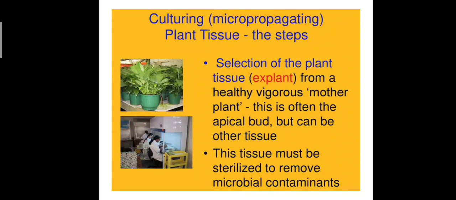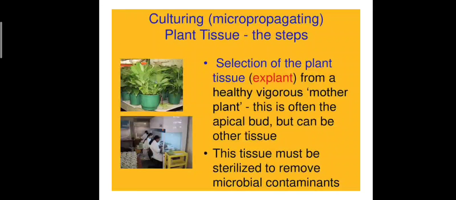In the second stage, we do the subculturing, that is nothing but the transfer of regenerated tissues to a fresh medium, where they can again undergo cell proliferation and callus formation.